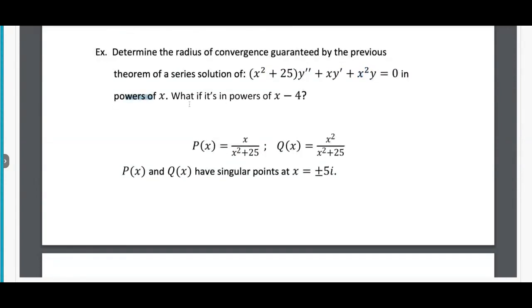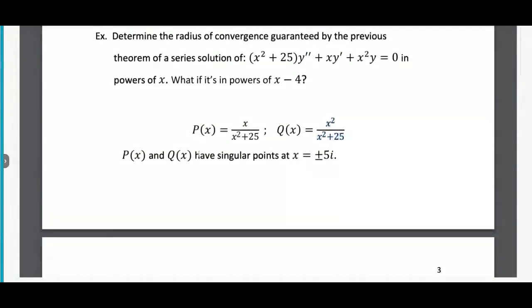This is in powers of x. What if it's in powers of x minus 4? So if we write P as b divided by a, we have x divided by x squared plus 25. Q is c divided by a, x squared divided by x squared plus 25. So P and Q have singular points at the complex numbers plus minus 5i.